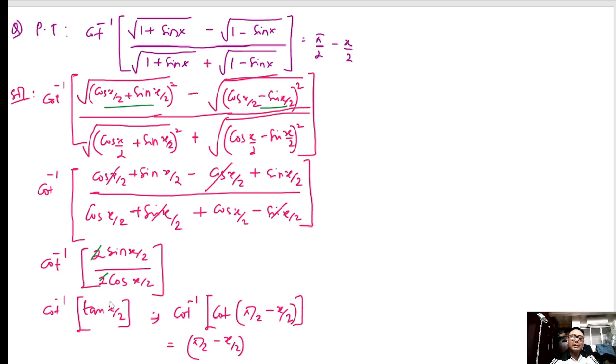So it is coming tan x by 2, but outside is a cot, so I have to bring it as cot here. So cot of pi by 2 minus x by 2. Please note that cot of pi by 2 minus x by 2 is actually tan x by 2. Using this we get, so cot and cot inverse cut, so this is the answer.